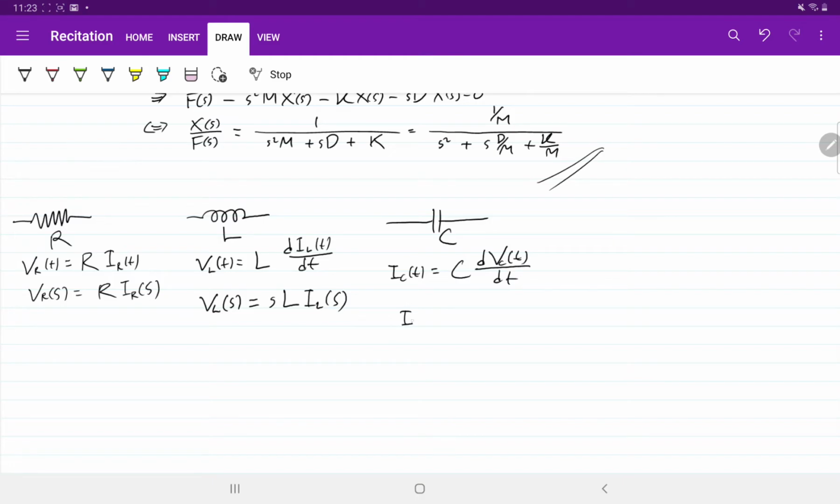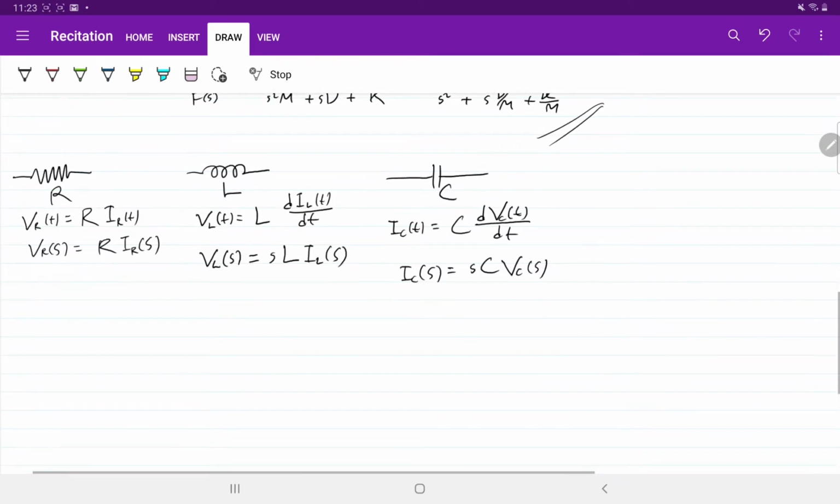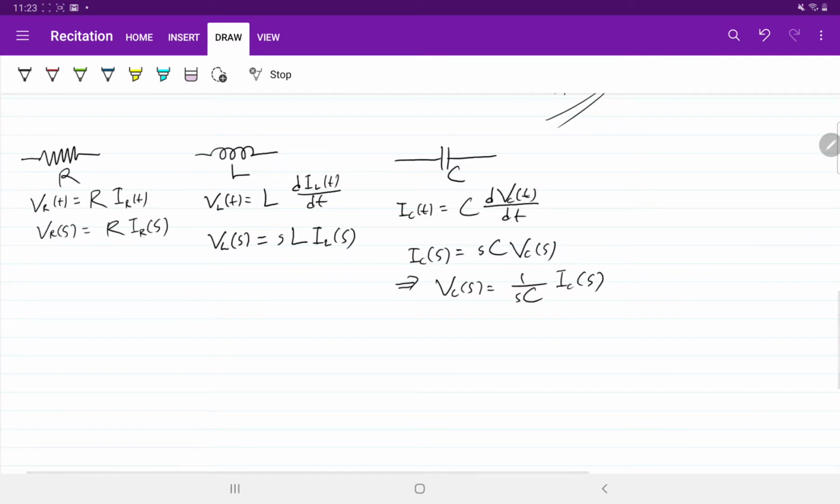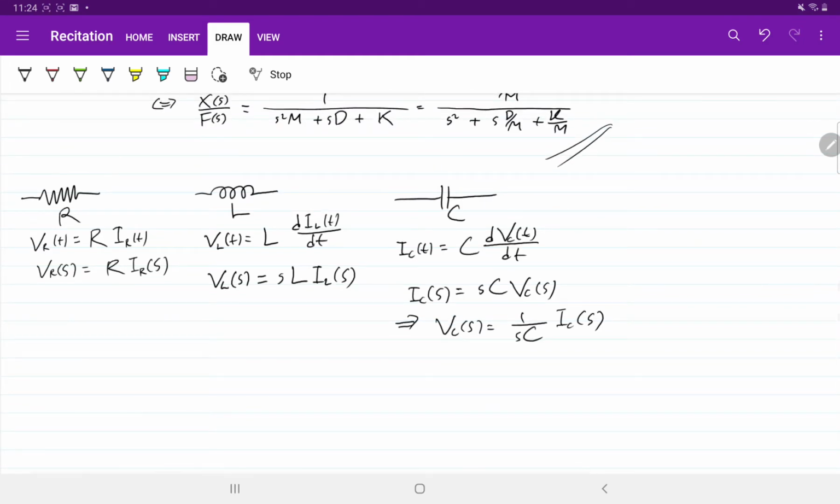So the Laplace transform is I_C of s equals s C times V_C of s. Or equivalently, you can write V_C of s is 1 over sC times I_C of s. So we will be using these three equations to solve the problem.